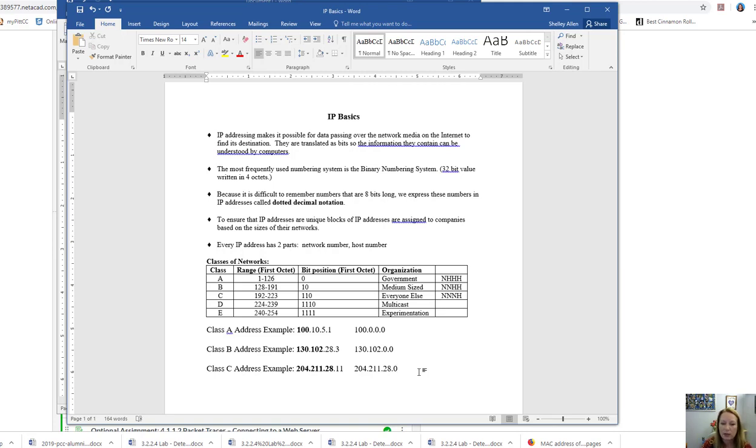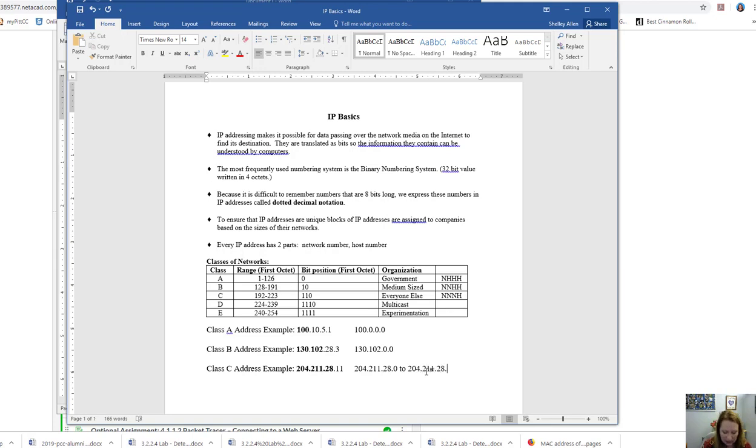Because more than likely you're not going to just want a number. Let's say, take for example the Class C address. You're not going to want to just number, well, 1, 2, 3, 4, 5. Because you could have how many numbers? If the numbers range from 0 to 255, that 0 is listed as the network number, so you can't assign that. And you also wouldn't want to assign the last number, which would be 204, 211, 28.